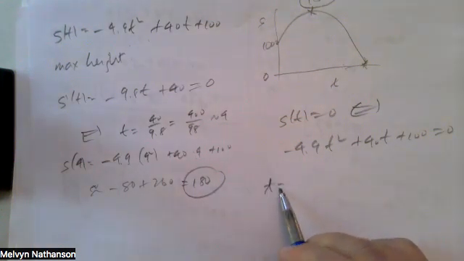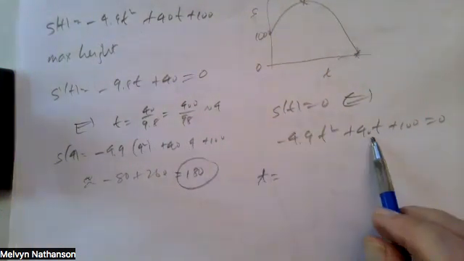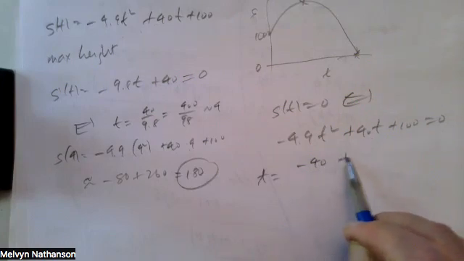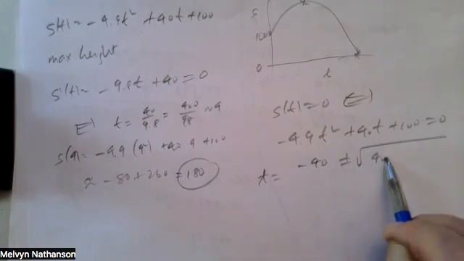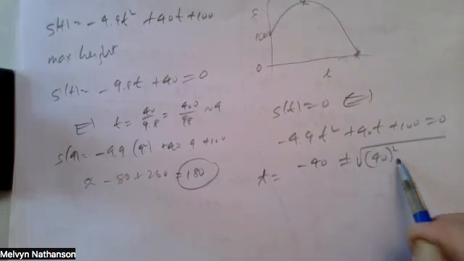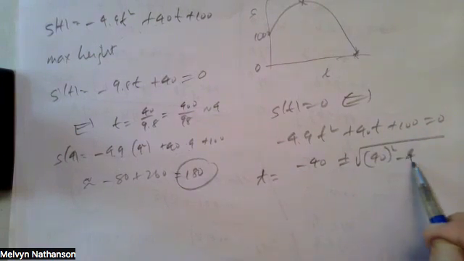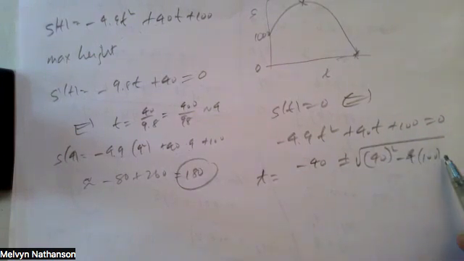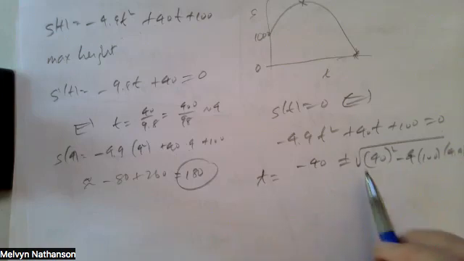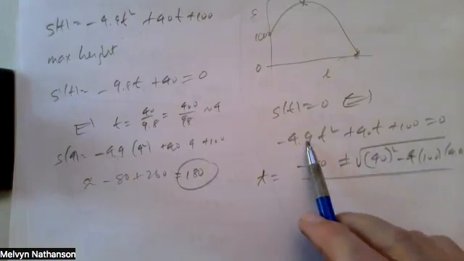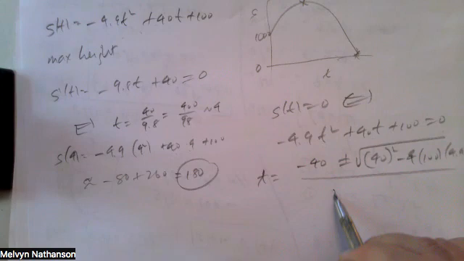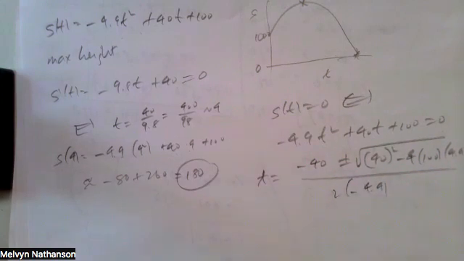So by the quadratic formula, t is equal to minus b plus or minus the square root of b squared minus 4ac, over 2a. Should be a minus sign.